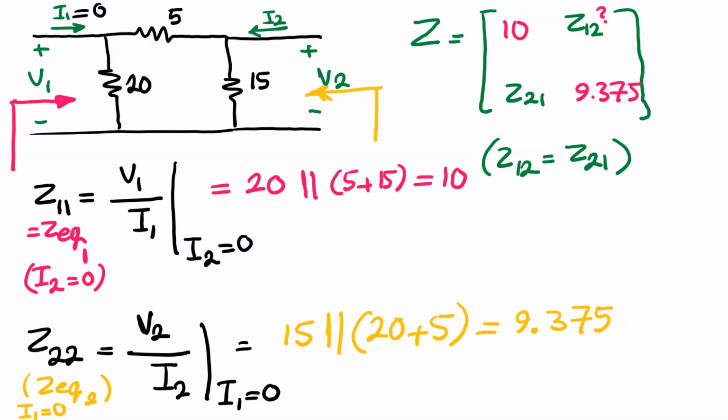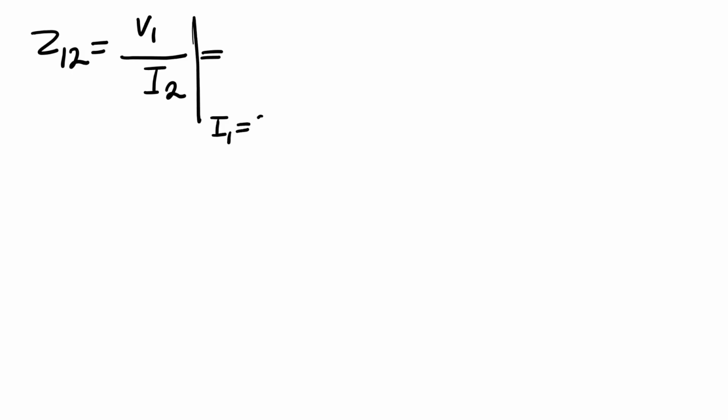Now there is one more component that I need to calculate in order to complete my circuit model in the form of an impedance matrix. And that's Z12 or Z21. They are exactly equal, so I'm going to go with Z12. Z12 is equal to V1 over I2 when I1 is equal to 0.